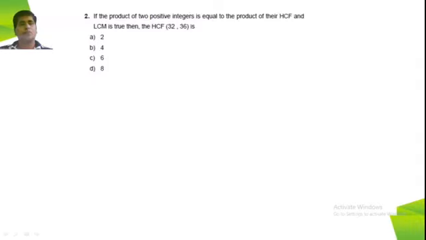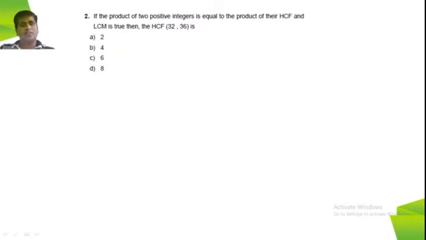If the product of two positive integers is equal to the product of their HCF and LCM, then what is the HCF of 32 and 36?